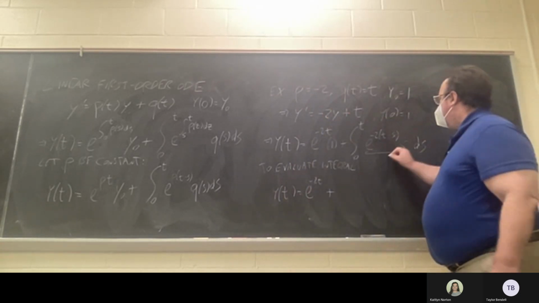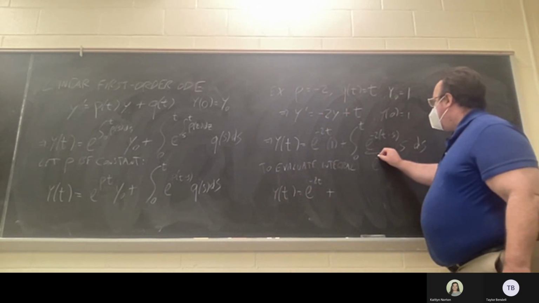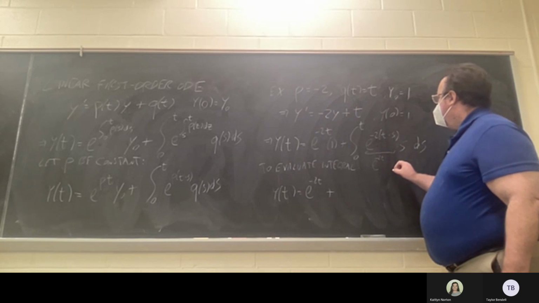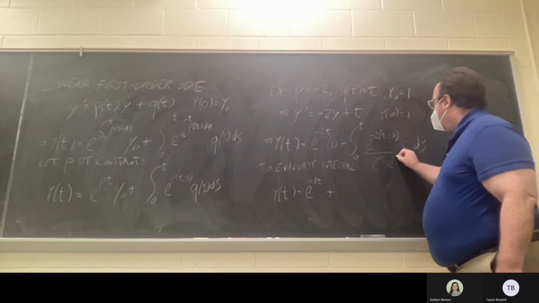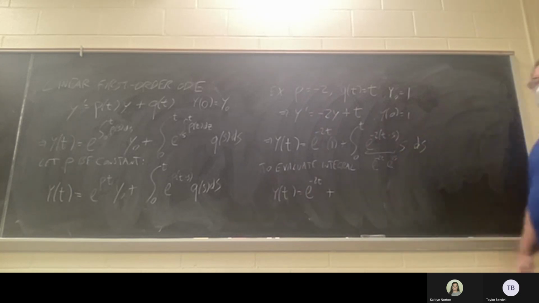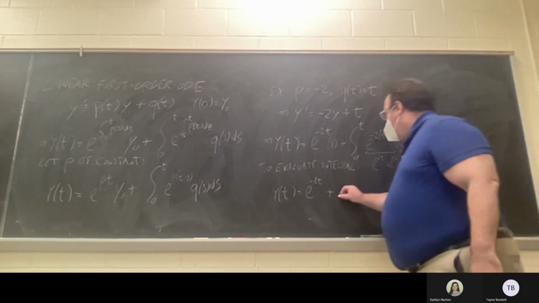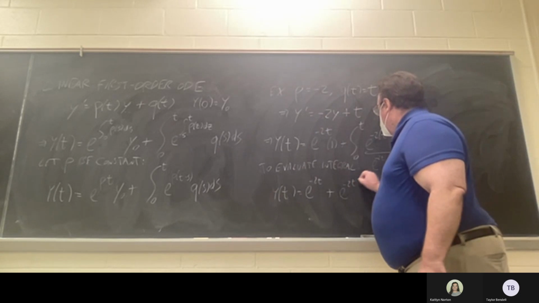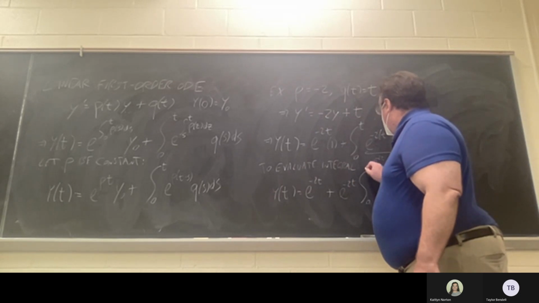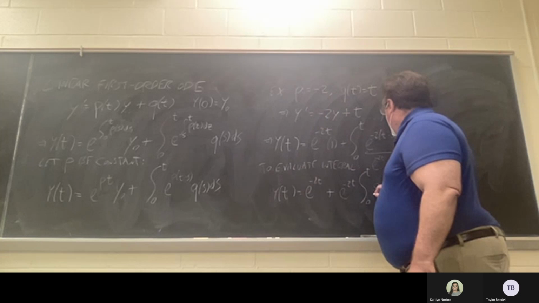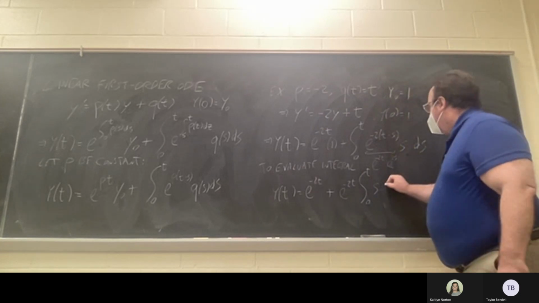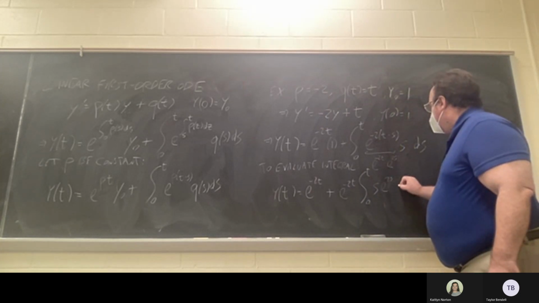This is equal to e to the -2t times e to the -2 times -s, so that's e to the 2s. So you can factor out that e to the -2t. Yeah, so I'll go ahead and do that. And now I have the integral from 0 to t of s e to the 2s.